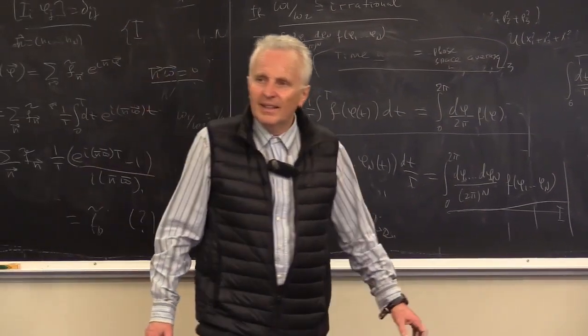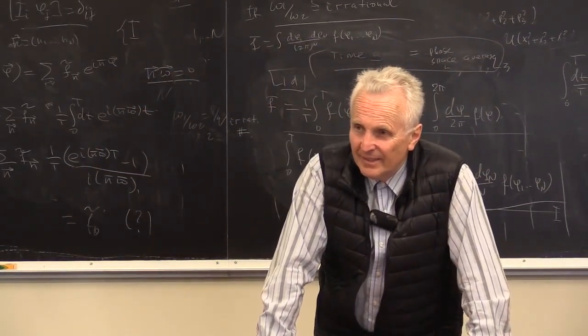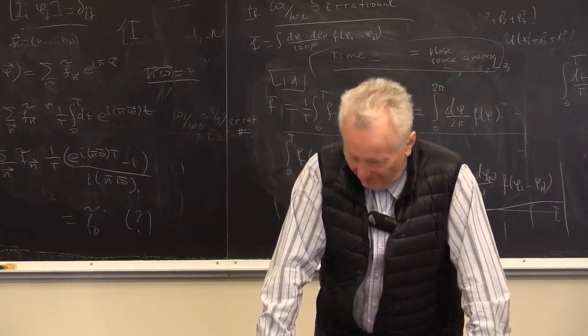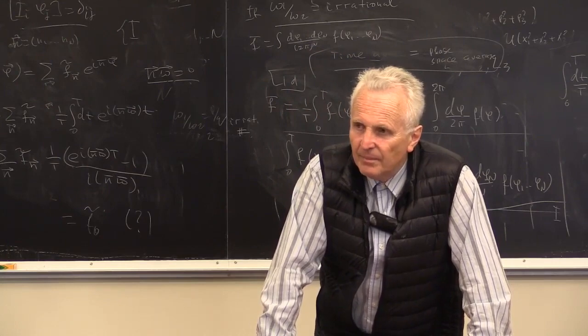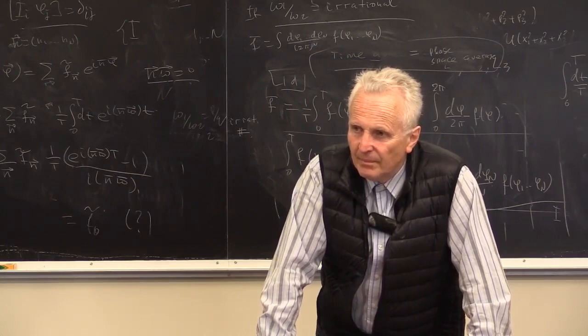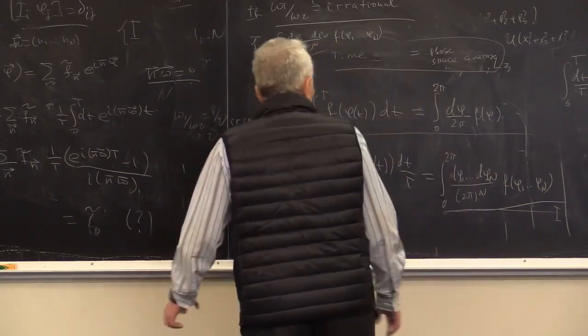Yeah? When you did H equals E, L squared equals some number, and L sub 3 equals some number, how would we convert from those to the I's and phi's? That's a very good question.